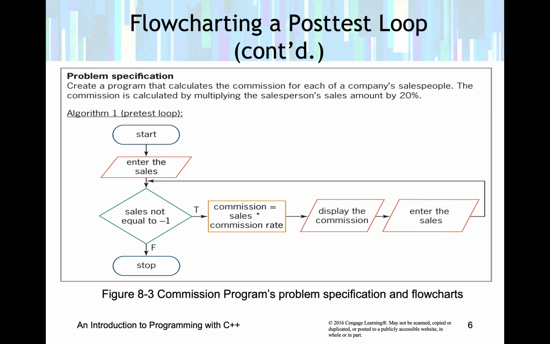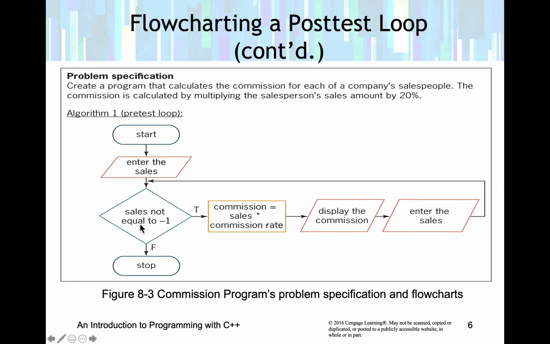So here's an example of a pretest loop algorithm. Let's just read the problem really quickly. We're going to create a program that calculates the commission for each of a company's salesperson. The commission is calculated by multiplying the sales amount by 20%. So this is the one that we looked at, I believe, in the last chapter. So we enter the sales amount for the salesperson.